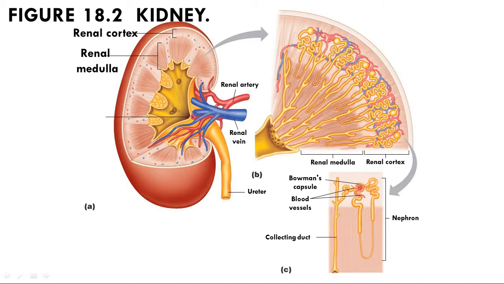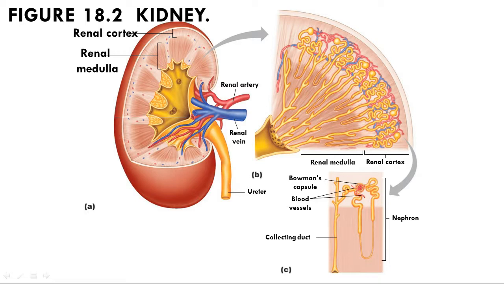It fills with urine, which is being collected from the collecting ducts of multiple nephrons. So the renal pelvis collects urine from the various collecting ducts.